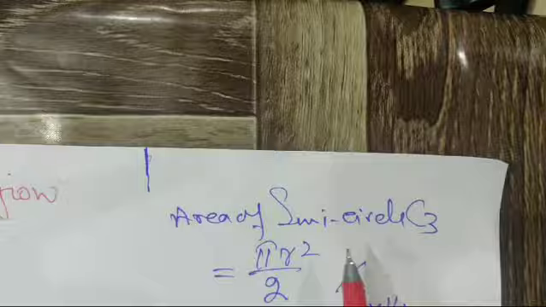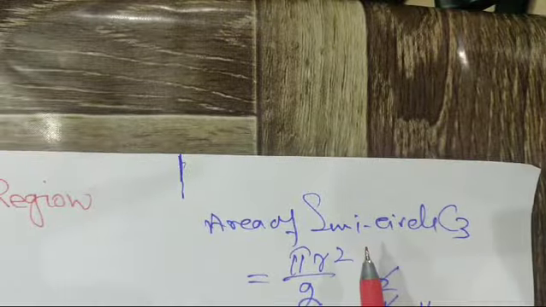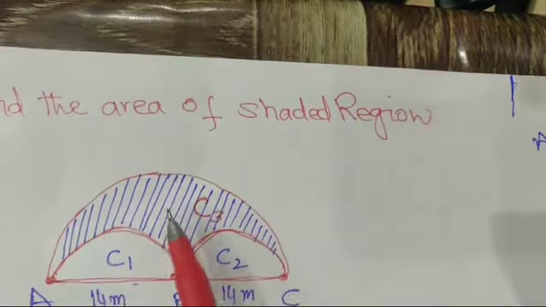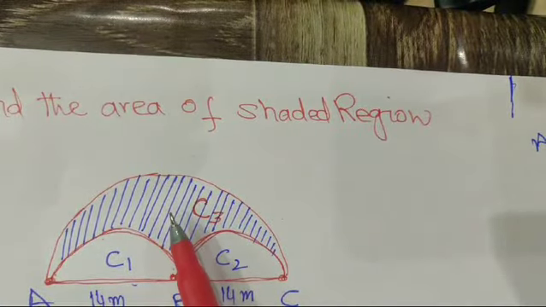Now the area of semicircle 3, that is the greater one, the shaded circle.